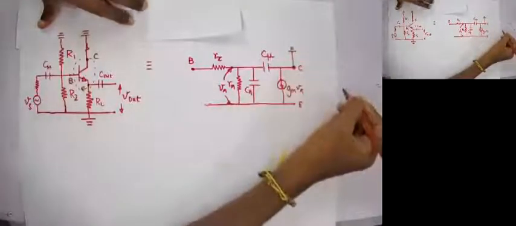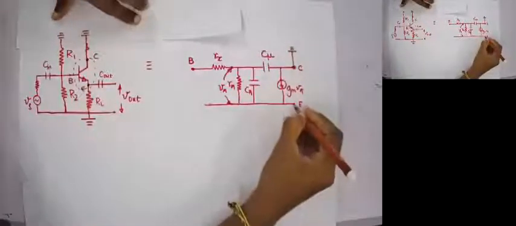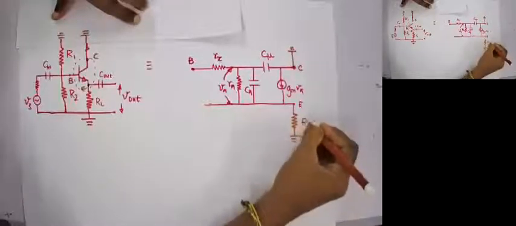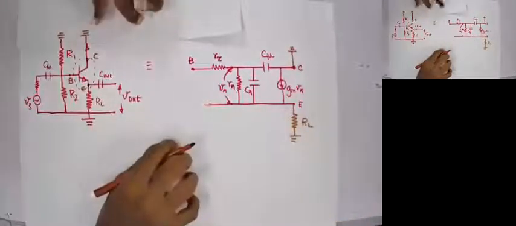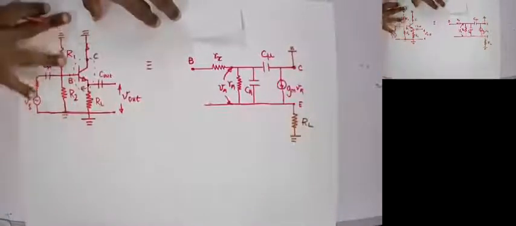So from the emitter, I have RL and it is grounded. Similarly for the base, I can assume that this is grounded, this one is also grounded.